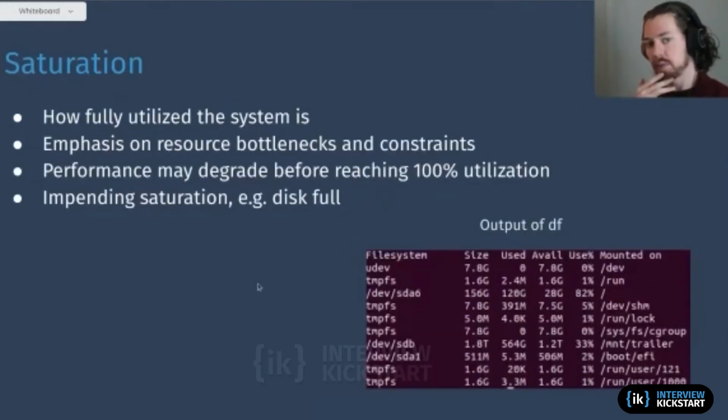This one is probably the hardest. It's a little bit difficult to wrap your head around. I did have trouble with it myself, but it's how fully utilized the system is. This can overlap a little bit with traffic, how much demand is being placed on a system. But this differs in that to answer how to monitor the saturation, you need to know what the bottlenecks of your system are.